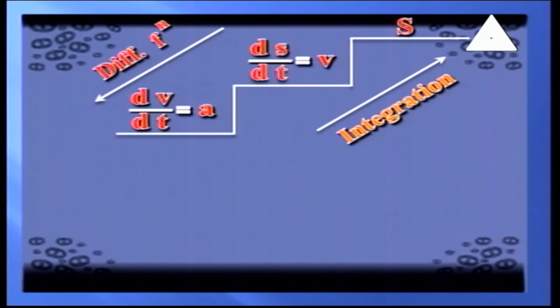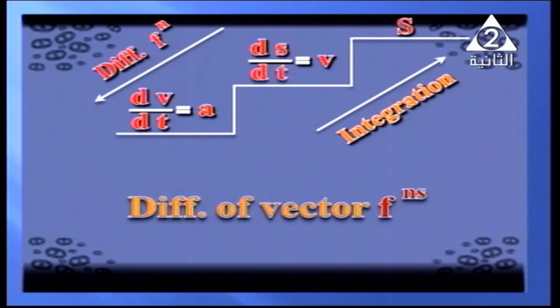When we find velocity and the given is S, we make differentiation. Why? Because velocity equals ds over dt. If the required is acceleration and the given is velocity, we make differentiation. Why? Because A is dv over dt.